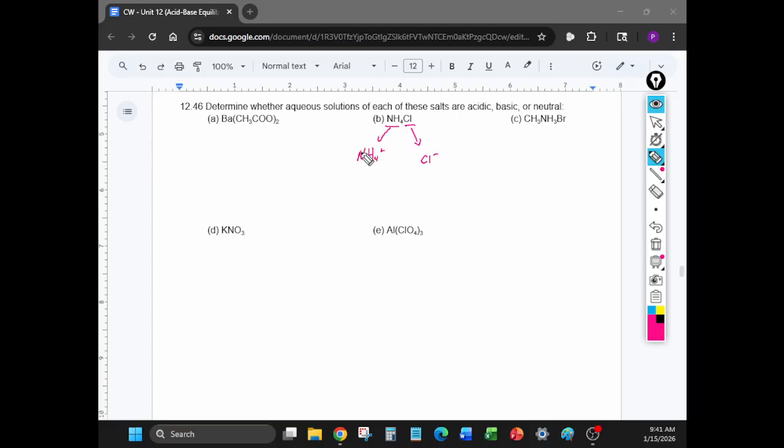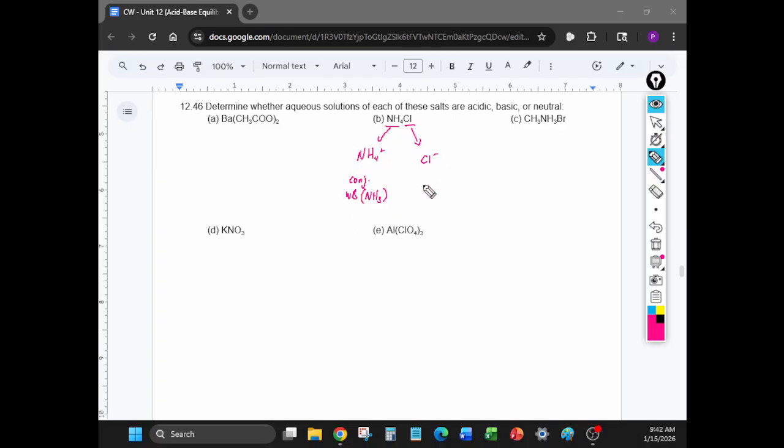It's going to give up one of its hydrogens to water and form NH3, which is a weak base. So this is the conjugate of a weak base, specifically NH3. So this one will have an effect on the water.